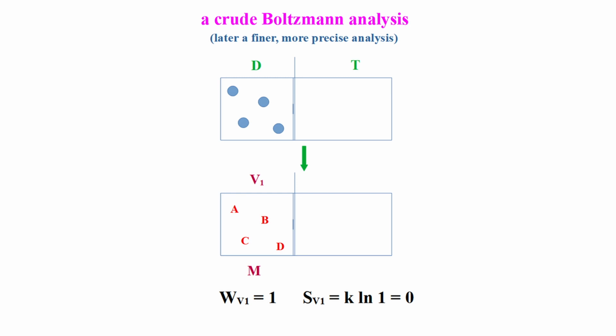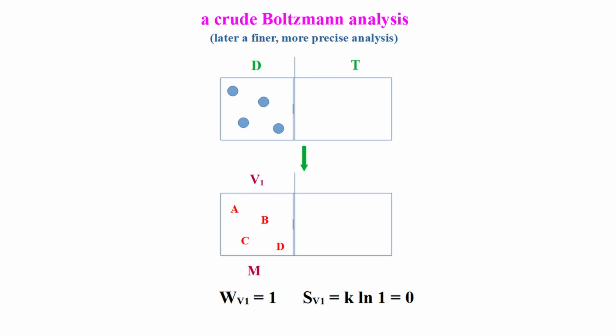In terms of a crude analysis, there is only one way in which this distribution can occur, with A, B, C, and D all being in the left compartment.